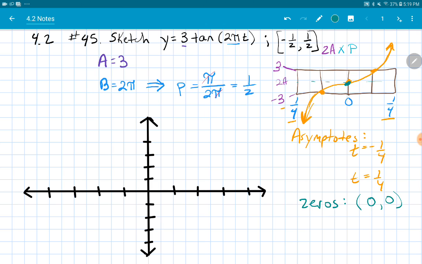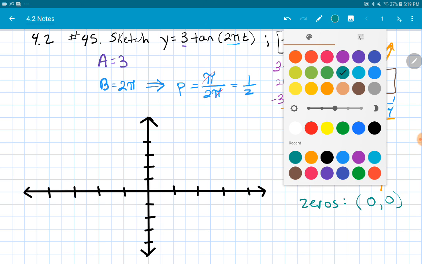We might have a few more because we have to go all the way back to 1/2. And let's see, what else do we need to graph this? The period, which we found is 1/2 already. Okay, so let's graph this.